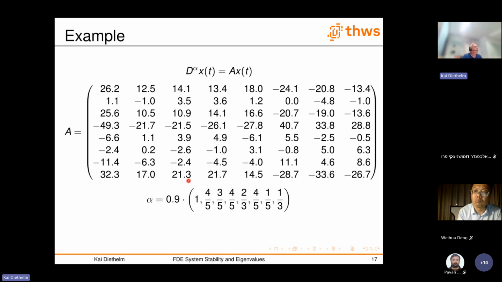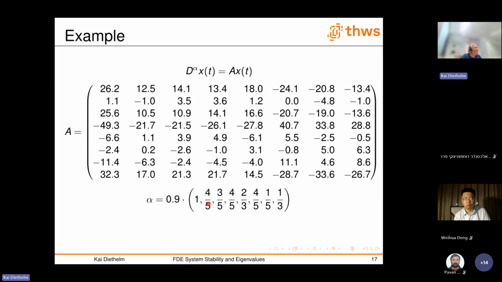Here's an example, an 8x8 system with a relatively randomly chosen matrix, but the matrix has some eigenvalues with positive real parts. So the first order differential equation system with this coefficient matrix would be unstable. Here's our vector of orders of the differential equations.